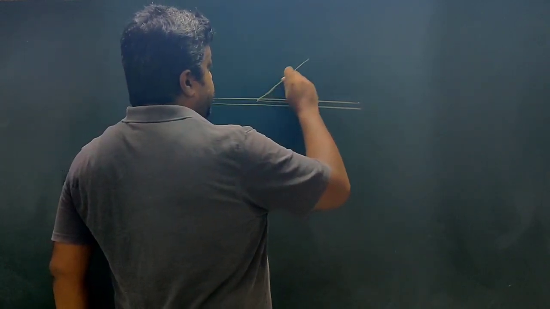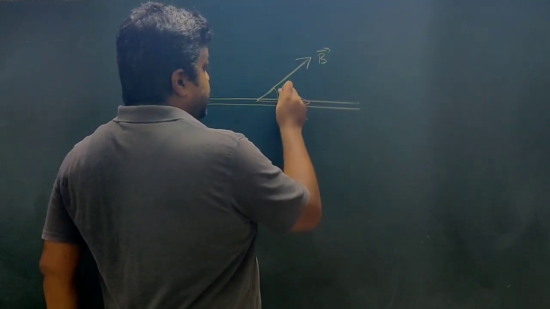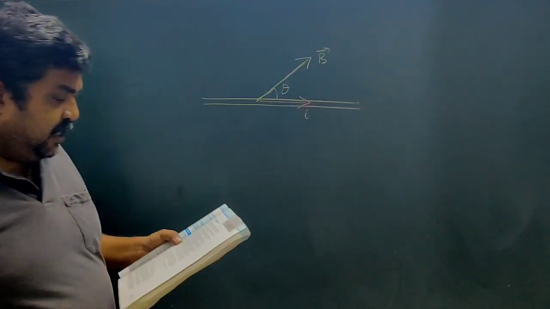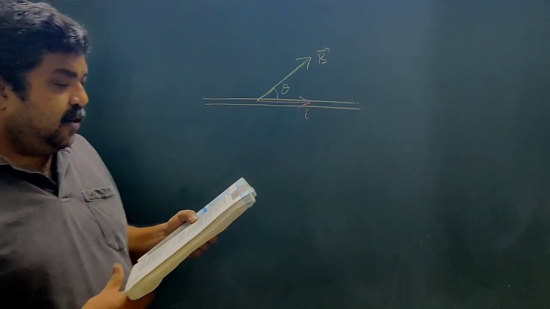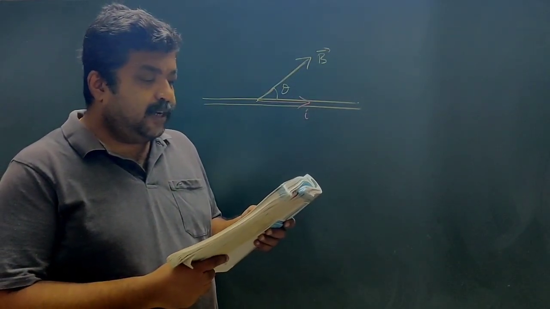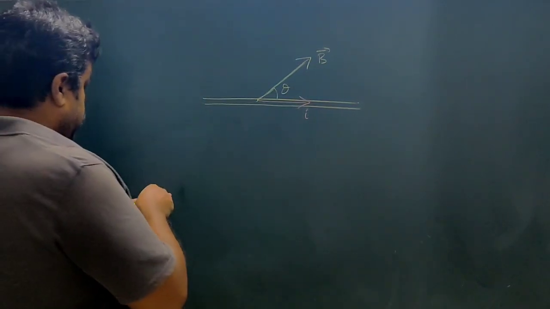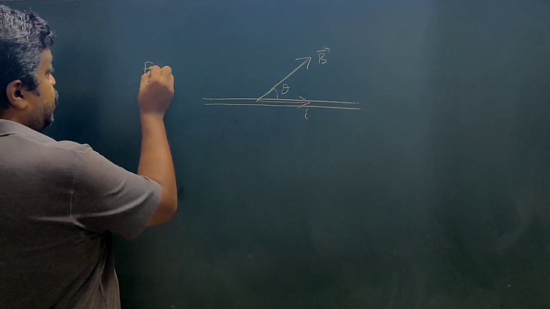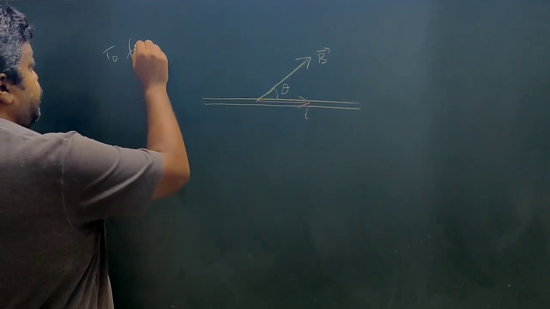Suppose this is B and this angle is theta. The angle and the magnetic field value are given. We are asked to find the magnitude of magnetic force per unit length.